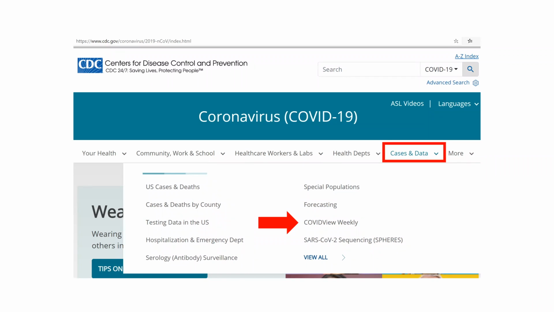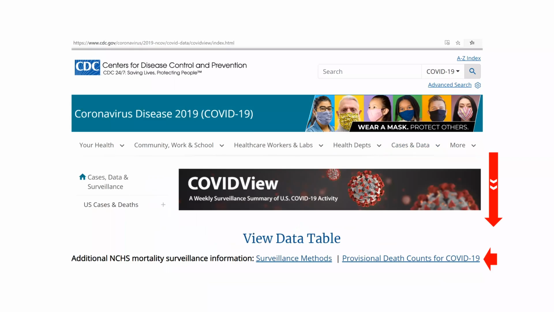And on the menu item list, we select COVID View Weekly. That's a link that takes us to this page. On this page, we scroll all the way down to the link provisional death counts for COVID-19. I know we just said we don't want to look only at COVID-19 death numbers, but that's actually where we are going to find all death counts per age group as well.